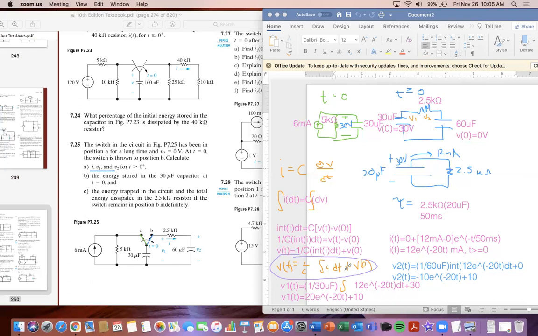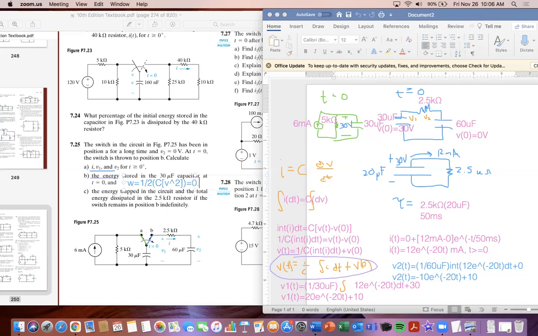Okay, now that we did that, I'm going to go to part B. The energy stored in the 30 microfarad capacitor at time 0. So that'd be W equals 1/2 CV squared.